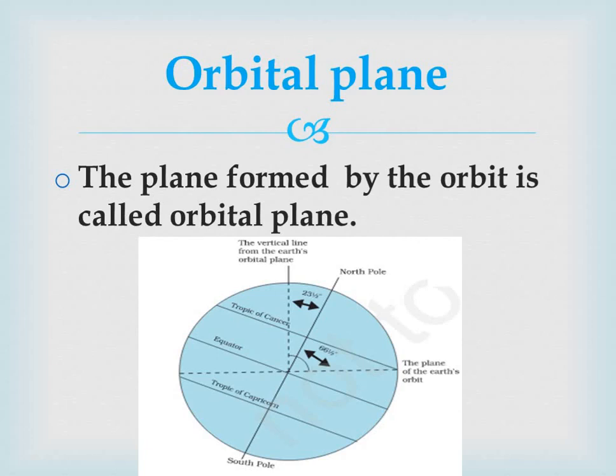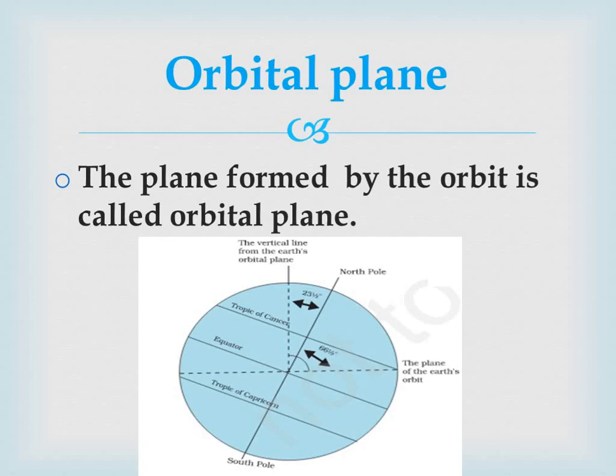And as we know, the axis on which the earth rotates is tilted. It is tilted by 23.5 degrees. And due to that, it makes a 66.5 degree angle on its orbital plane.